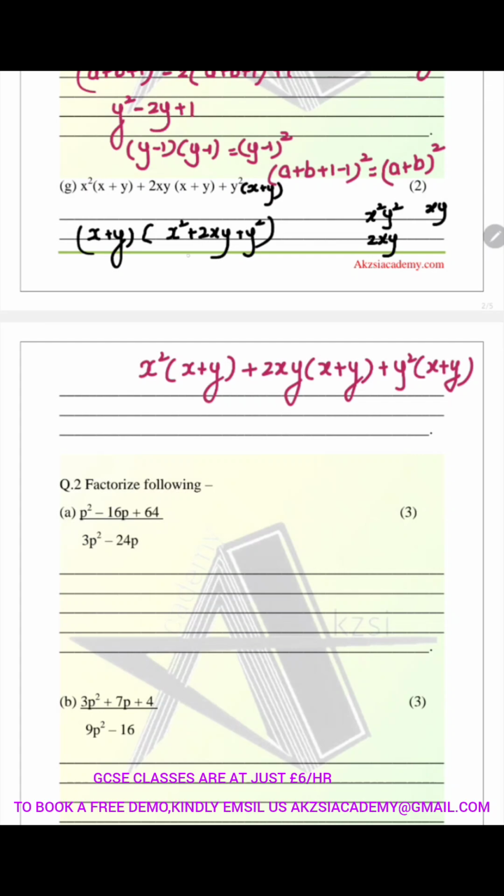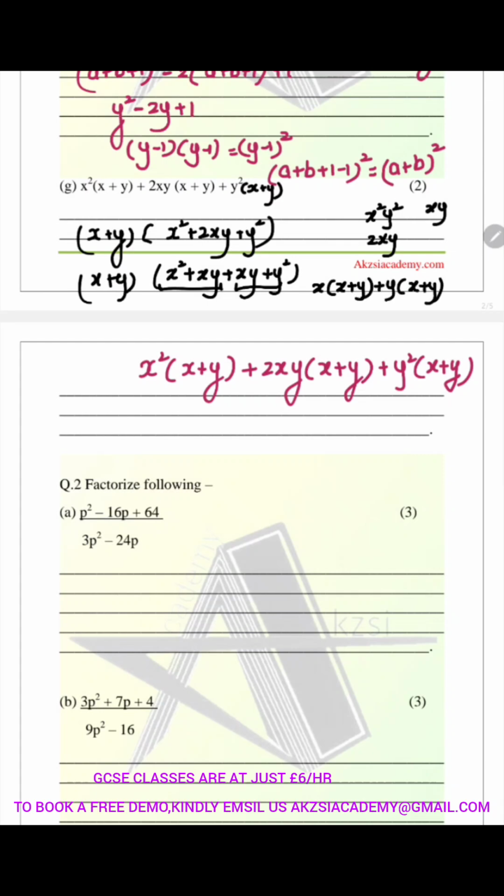So on splitting the middle term, I will get x² + xy + xy + y². Now making the pairs, I'll get x out as common, x + y. And from here, I can take out y as common and remaining is x + y.